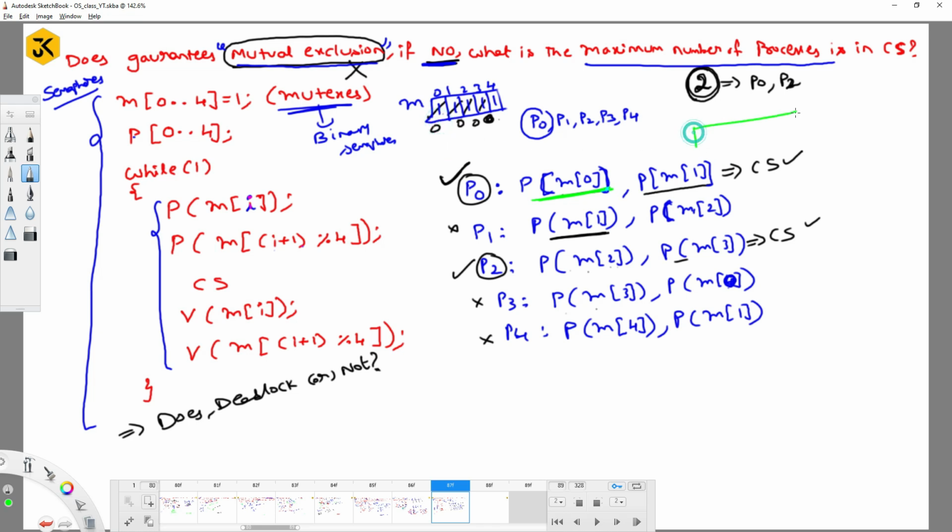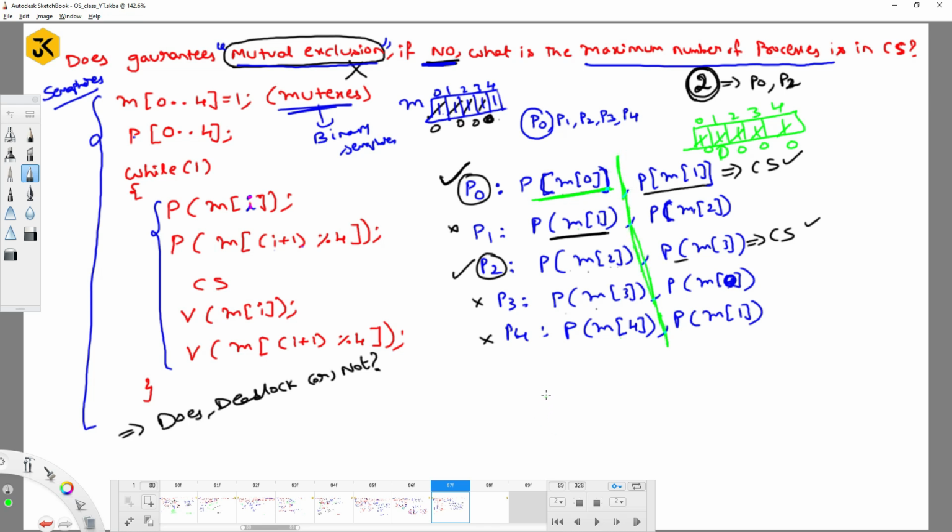Let me take the box once again: mutexes 0, 1, 2, 3, 4, all initially 1. Now P of M0, this will be 0. So for example, preempted. P of M1, preempted. P of M2, preempted. P of M3, preempted. P of M4, preempted. This means all the processes have executed up to this particular point and been preempted.